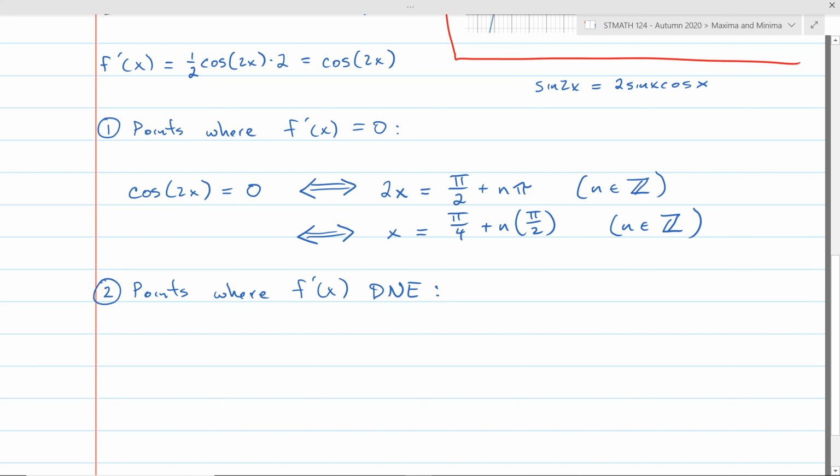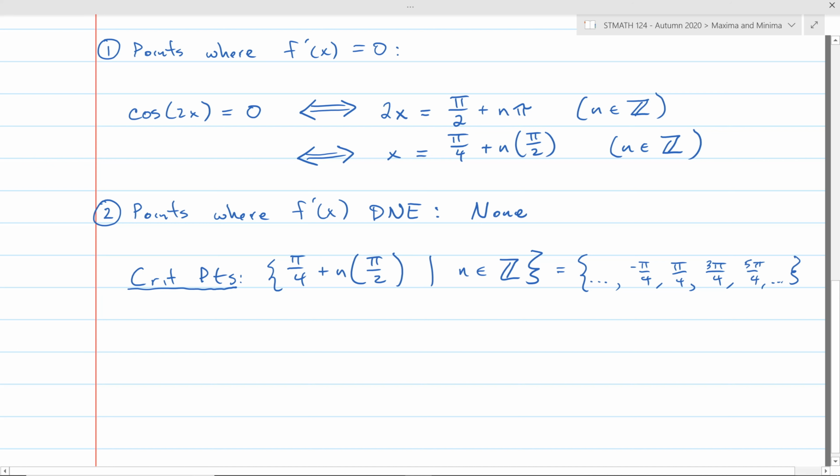When I look at the derivative, cosine of 2x, I know that the domain of the cosine function is all real numbers, so we just don't have any critical points where the derivative is undefined. So all of our critical points are just the ones that we got from step 1. It's all the points of the form pi over 4 plus n times pi over 2, where n is an integer.